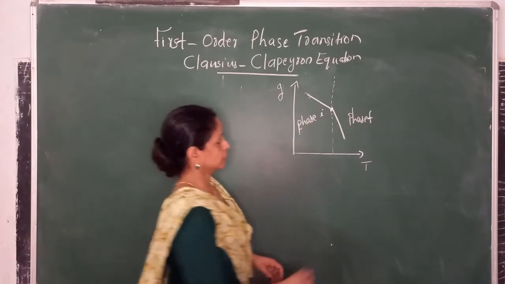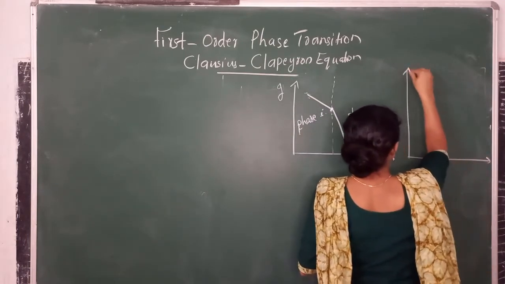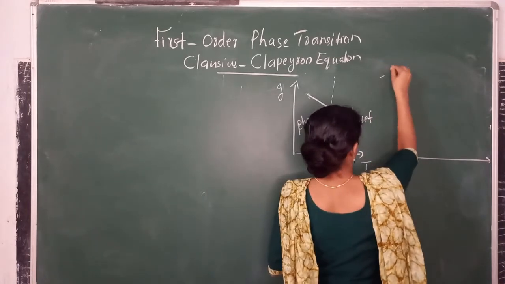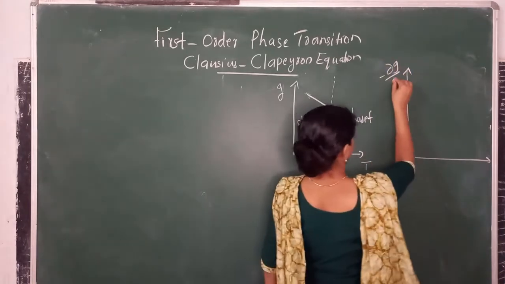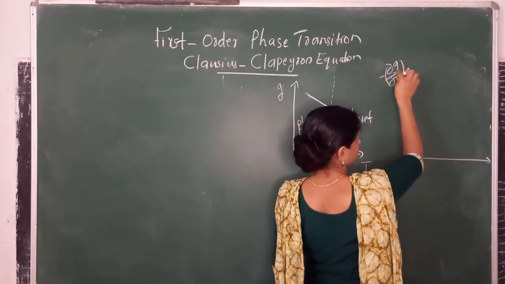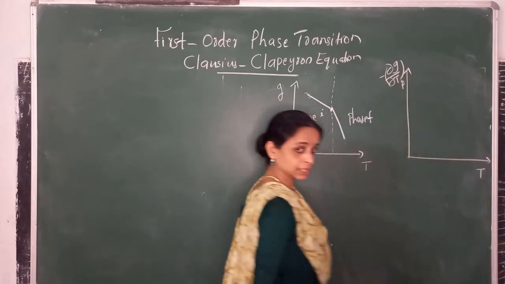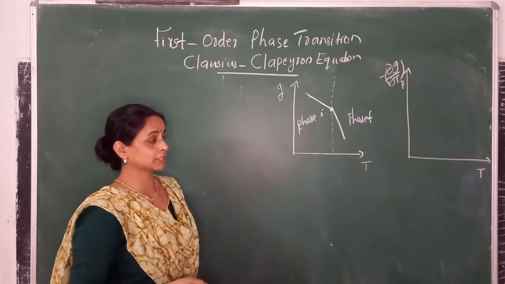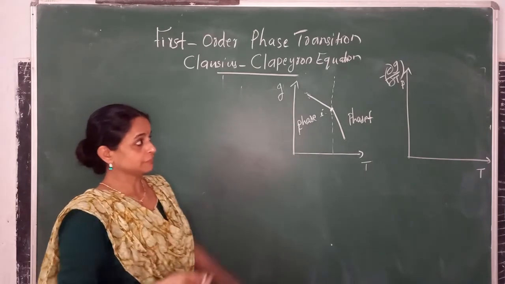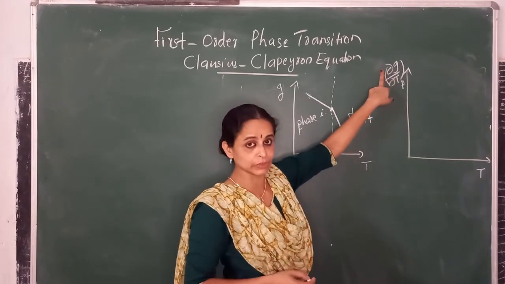Next is minus dou G by dou T at constant P, which is actually the molar entropy, plotted with respect to T. We can see that the second criterion holds: this first order derivative varies discontinuously.